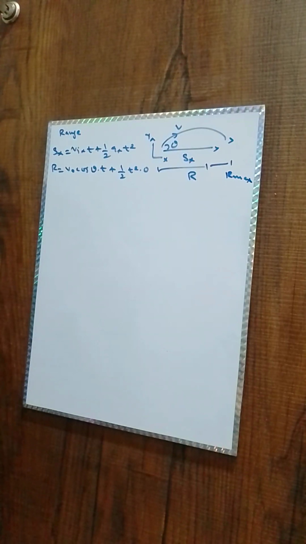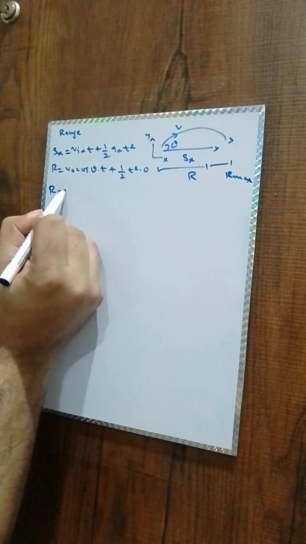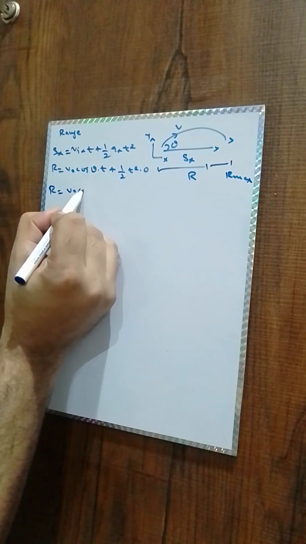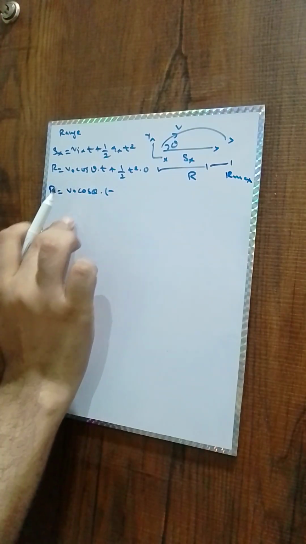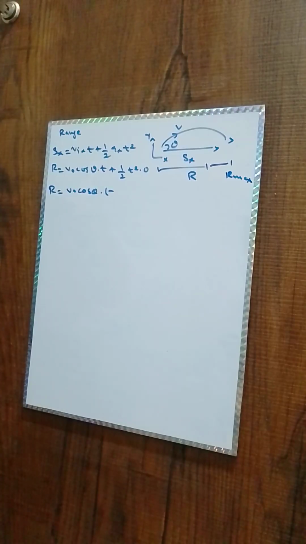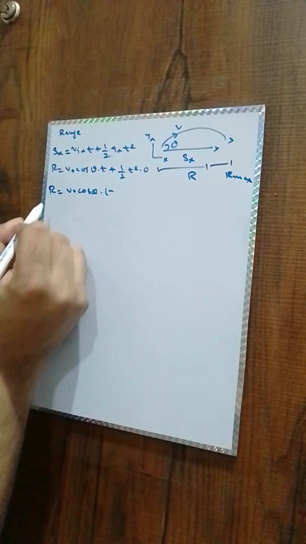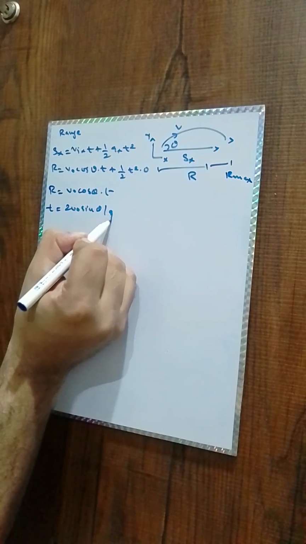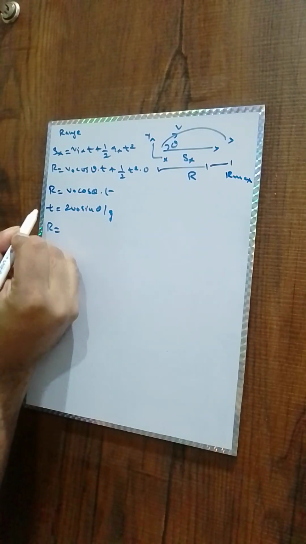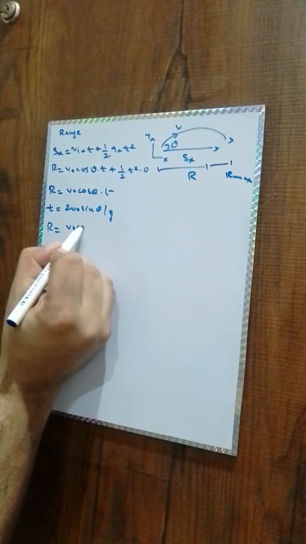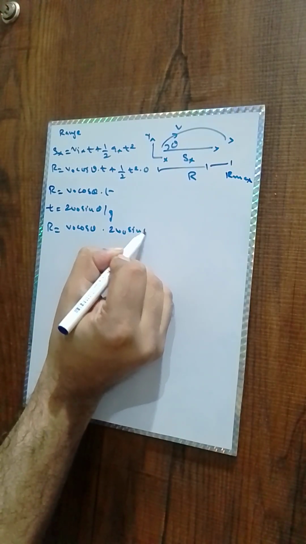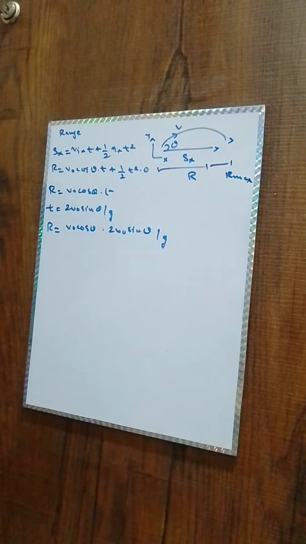So what we have here is r is equal to v naught cos theta t, and since we have the value of t from the previous knowledge, which is t equal to 2 v naught sine theta by g, for r we put this value of t, which makes it v naught cos theta times 2 v naught sine theta by g.